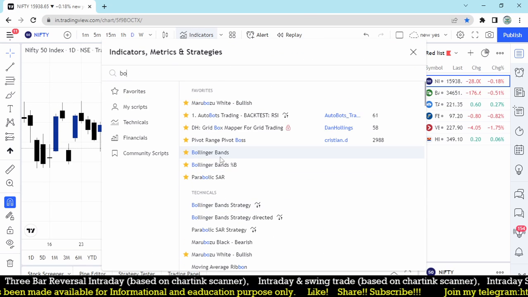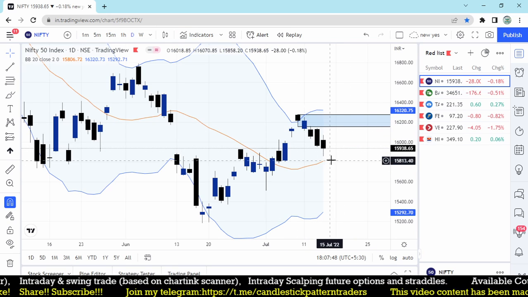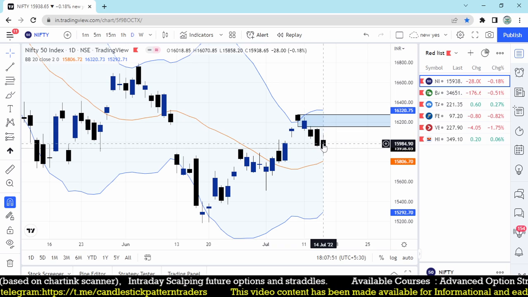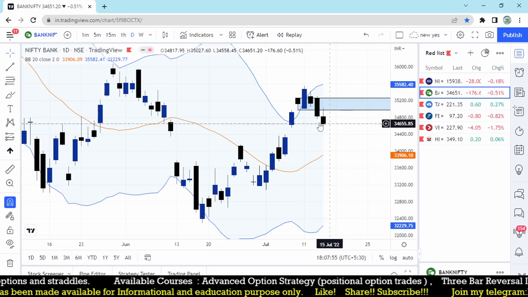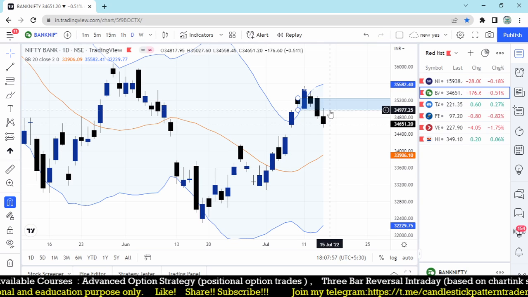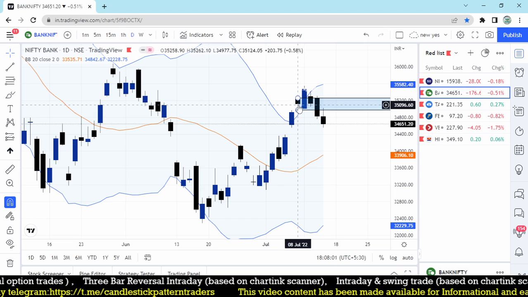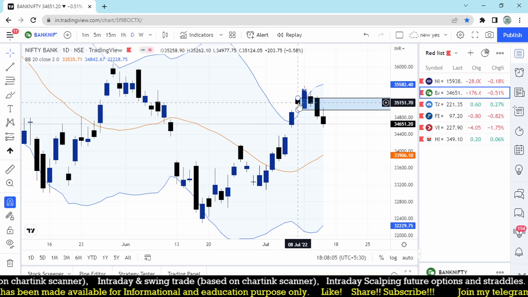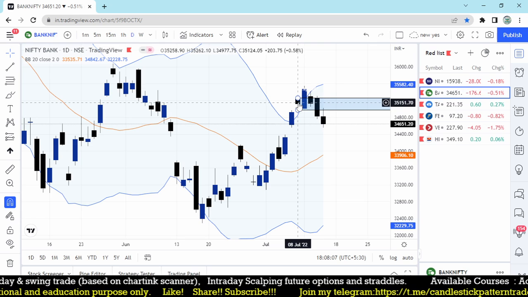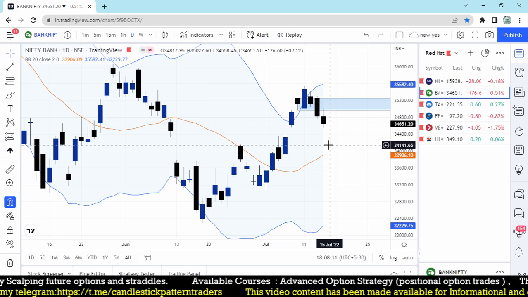Today Nifty ended negative by around 28 points, and Bank Nifty is still moving down. Today Bank Nifty reached the candle low of 34,977, then fell again and closed at 34,600.